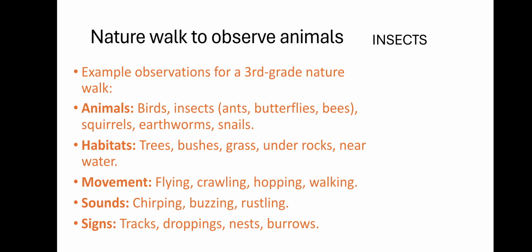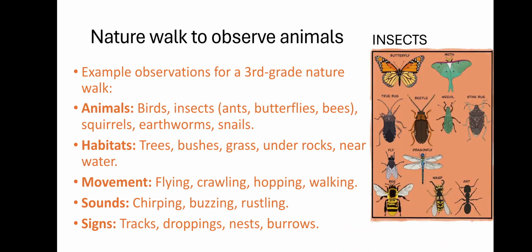Now you can see the insects here: butterfly, moth, cockroach, then bees, ant, then there is grasshopper also, then there are different types of mosquitoes, and also there are flies.